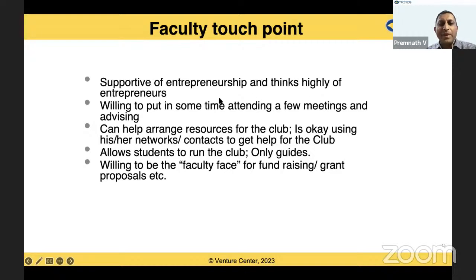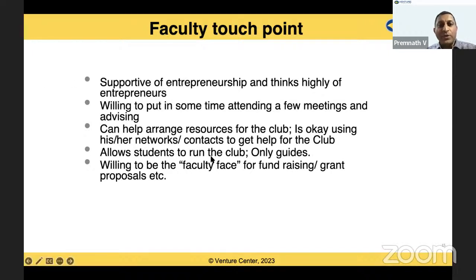So it's important to pick a faculty touch point who values entrepreneurship and doesn't belittle it in any way. There are places where there's a misconception that entrepreneurship is only about making money, and that there is a negative connotation associated with some of these activities, which is not a healthy situation to be in.